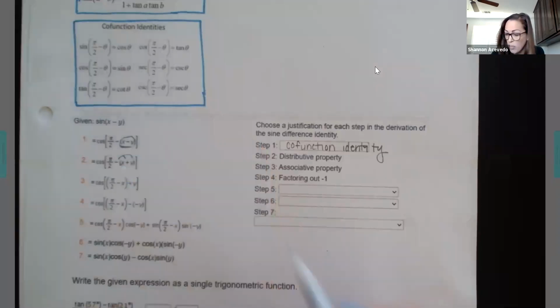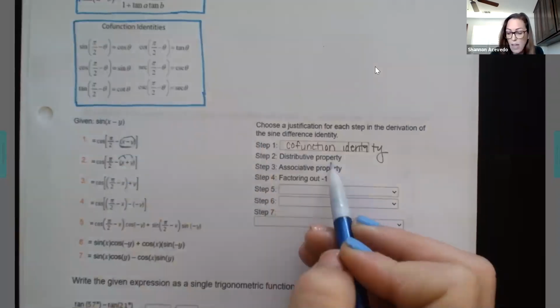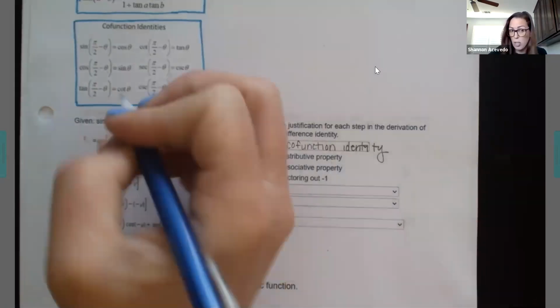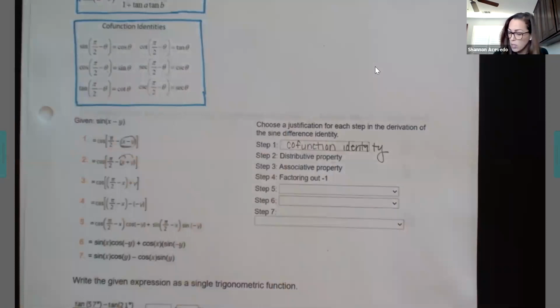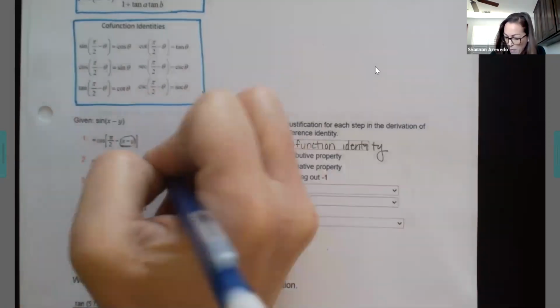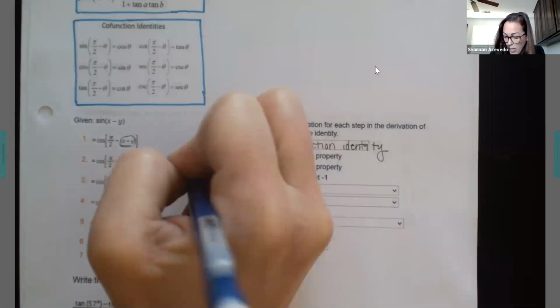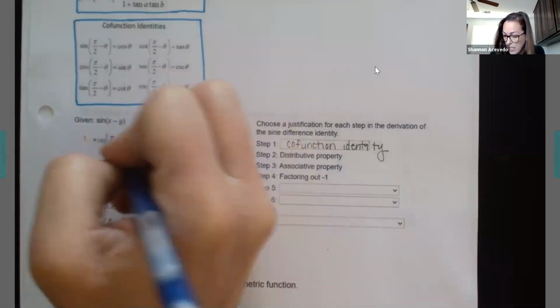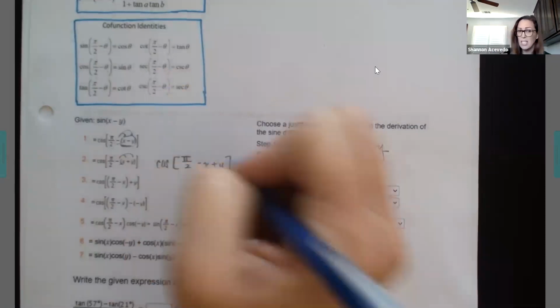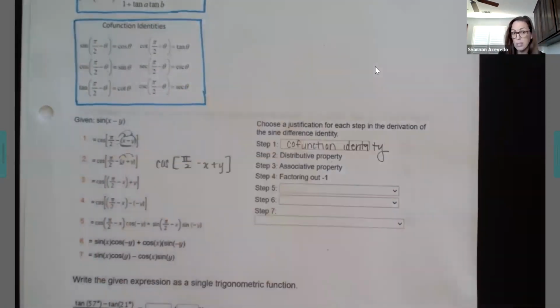They have the distributive property, but they shouldn't have had this piece here. This parentheses should have been removed. It should have been written as cosine of pi over 2, and they distributed, so you can see that this became a negative x, but that should be a positive y. That's an error. We've come across several errors.